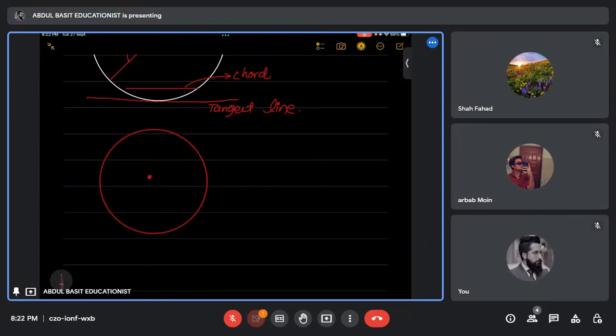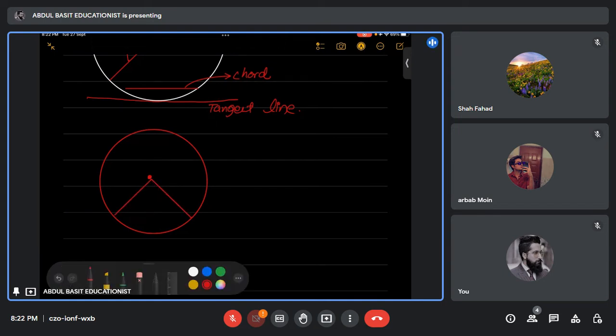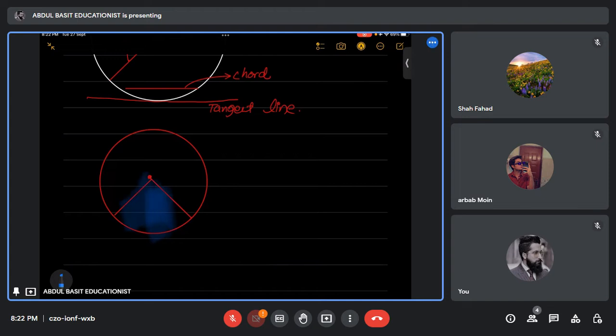This is the center of the circle. I'm going to draw an arc here. Now I will shade both arcs, this one and that one.